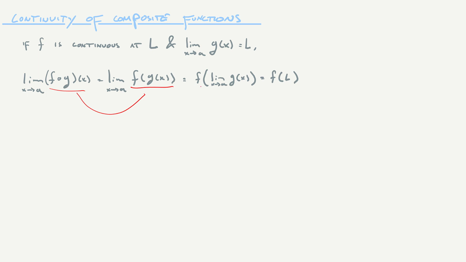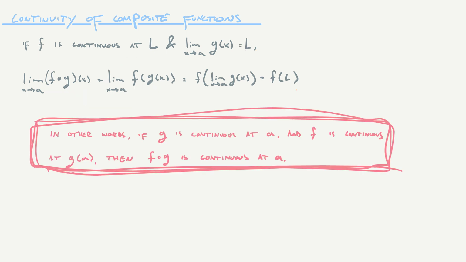But what you're allowed to do is basically bring the limit inside of the f function. So now you're taking f of a limit, and we already know that that's L, so it's just f of L.